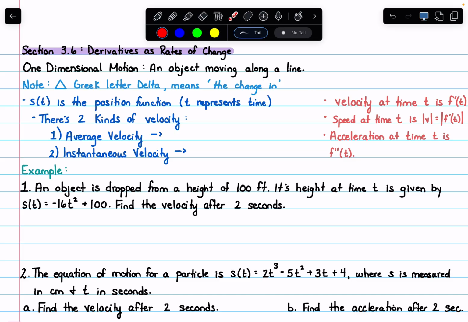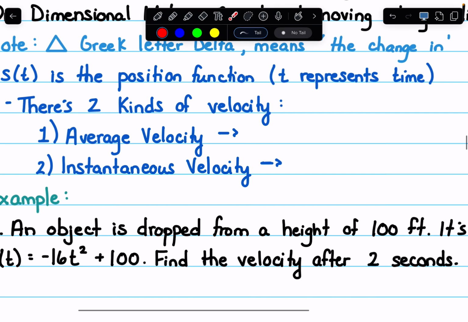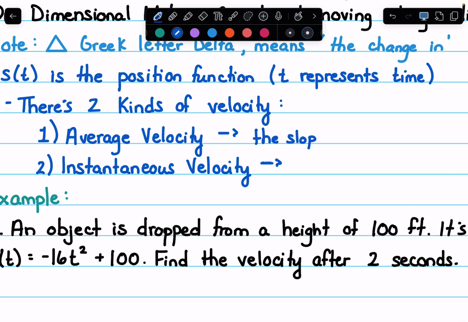And we have two kinds of velocity. We have average velocity and instantaneous velocity. And anytime you hear the word instantaneous, you should be thinking derivative, right? The instantaneous rate of change. We went over that when we first went over derivative, right? But your average velocity is just going to be the slope of a line, the slope of a line formula.